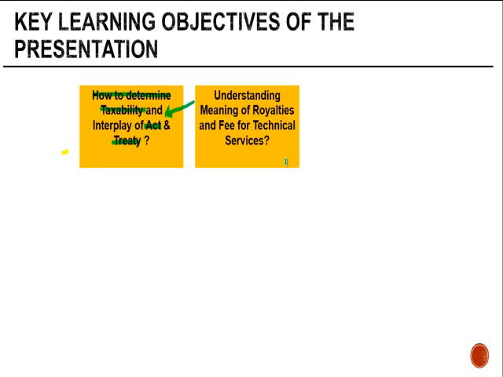The second question, which is important, is to understand the meaning of royalty and fee for technical services. Now here again, the question which comes up is that you may have a definition of royalty and FTS under the Income Tax Act, and you may also have a definition of royalty and FTS under the treaty. The first thing you need to find out is whether or not the payment constitutes royalty or FTS under the Income Tax Act.